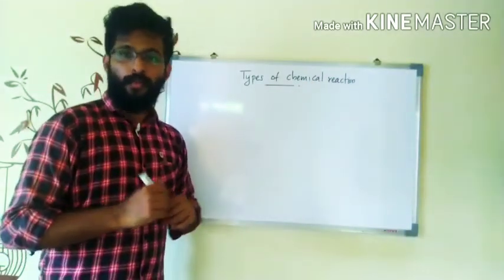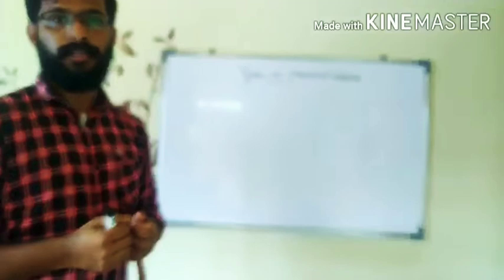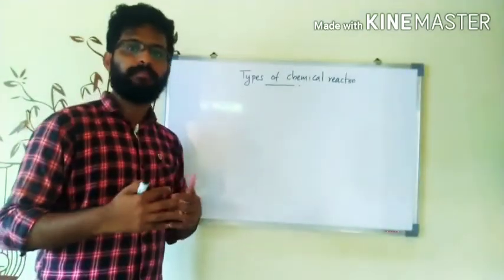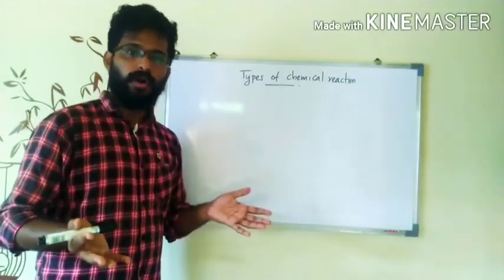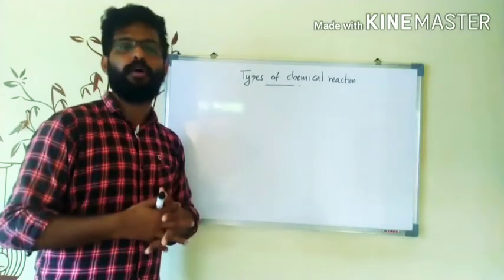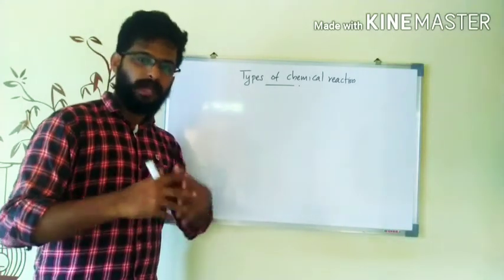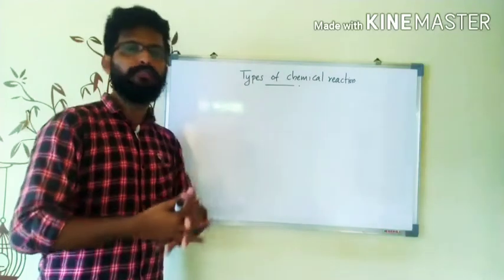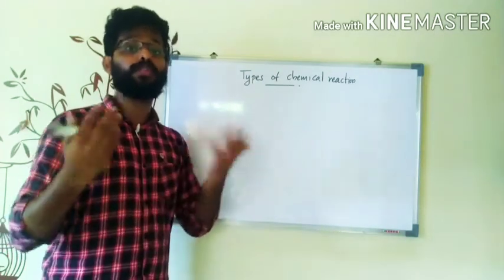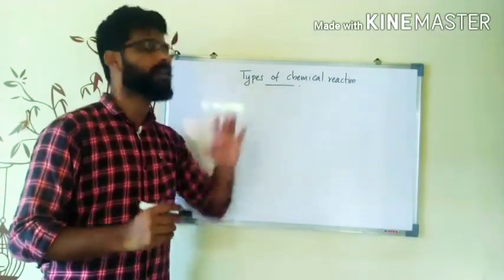When a chemical reaction takes place, sometimes the atoms can break up or sometimes they can make a bond. Breaking up of bond or making up of bond to form a new substance is known as a chemical reaction.